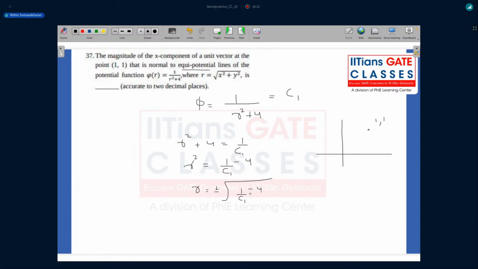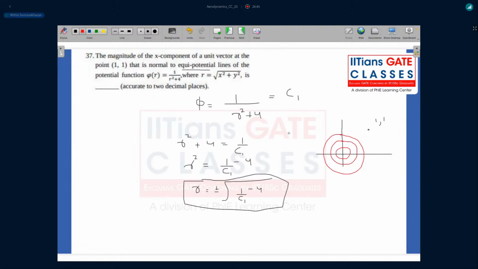We take values of C1 such that this square root is real, not imaginary. Only then will we be able to sketch it, right? So this is nothing but the equation of a circle of some radius. Your equipotential lines will look something like this: a circle of one radius, a circle of another radius, and a circle of maybe a different radius. So they'll be concentric circles with the center at your origin.